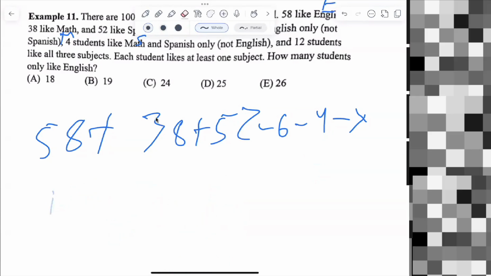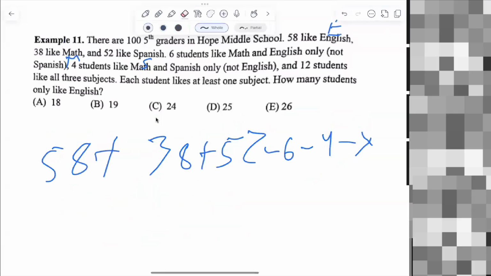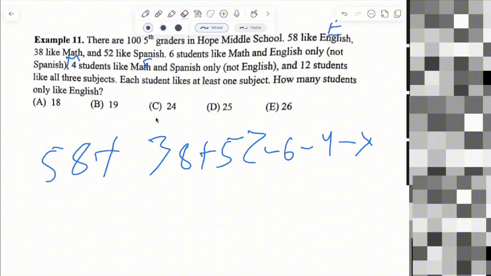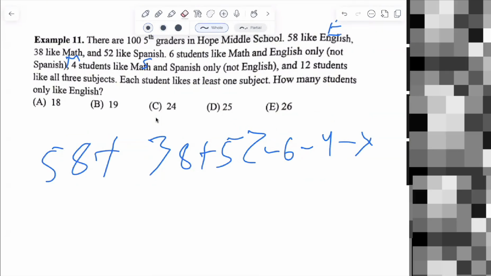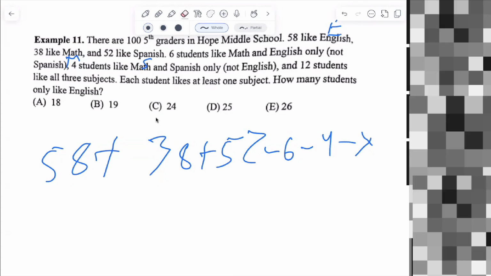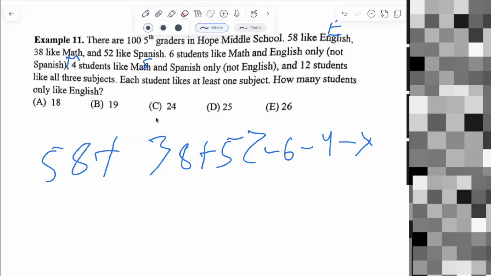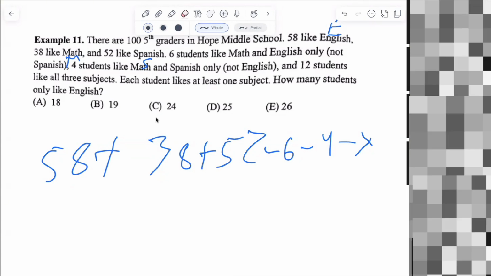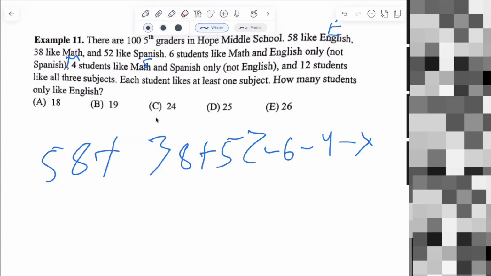So one step messed up the entire process. I remember the intersection of AB, BC, and CA. We should do 58 plus 38 plus 52 minus 6 minus 4 minus x, and then only 12 like all three subjects. And since each student likes at least one subject.